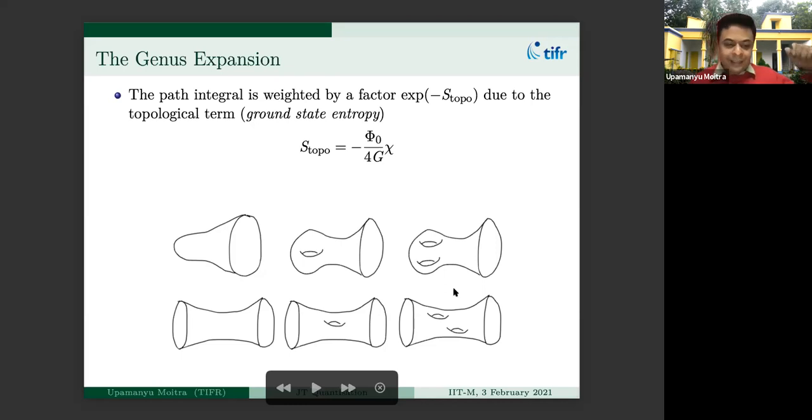And you can have more and more disconnected boundaries, and also more handles dug into the manifolds. So we are going to study today these two geometries, which I'm going to call disk and double trumpet.